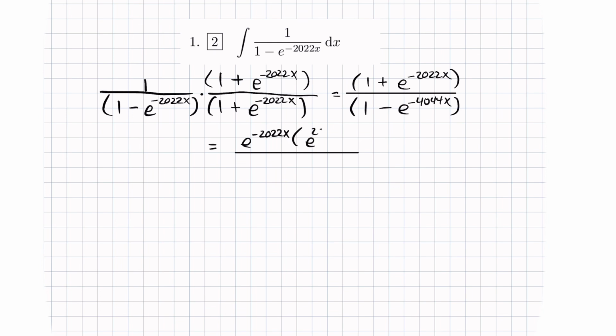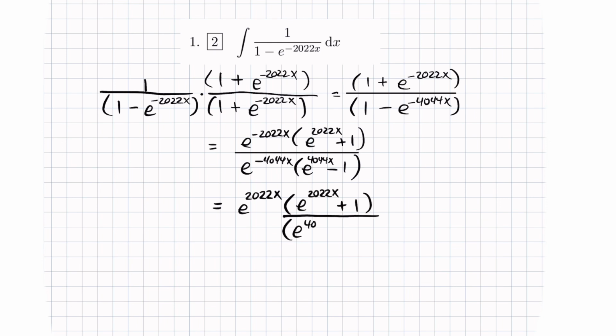Then we're going to factor out e to the negative 2022x on top and e to the negative 4044x on the bottom, simplifying the binomials. And we can then simplify those two constants that we pulled out in front, to get e to the 2022x multiplied by e to the 2022x plus 1 over e to the 4044x minus 1.